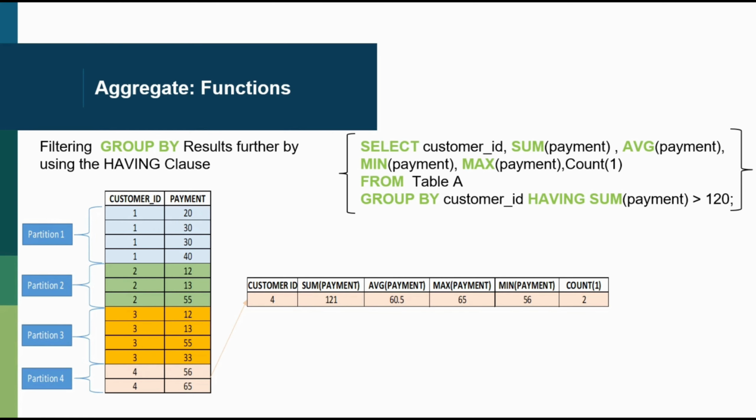By using the having clause, it's only going to bring back those customers where the sum of their payments is greater than 120. If you look at this table, the sum of the payments for customer 4 is greater than 120. The rest are less than 120. So that record is going to be returned. The having keyword can be used to filter group by records further.